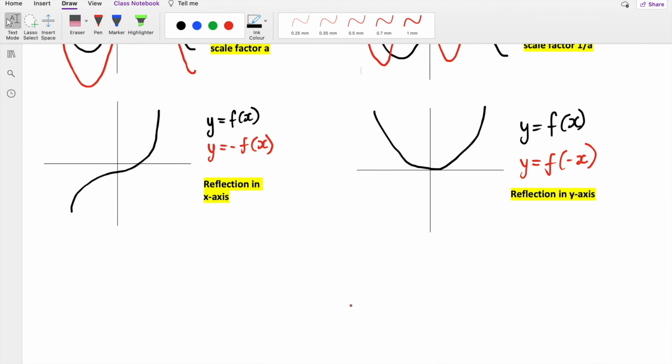Moving on finally to a reflection. If I have the function y equals f of x, and I now want to plot y equals minus f of x, that's a reflection in the x-axis. That minus 1 is for the whole function. So if I reflect that in the x-axis, it's going to look something like this.